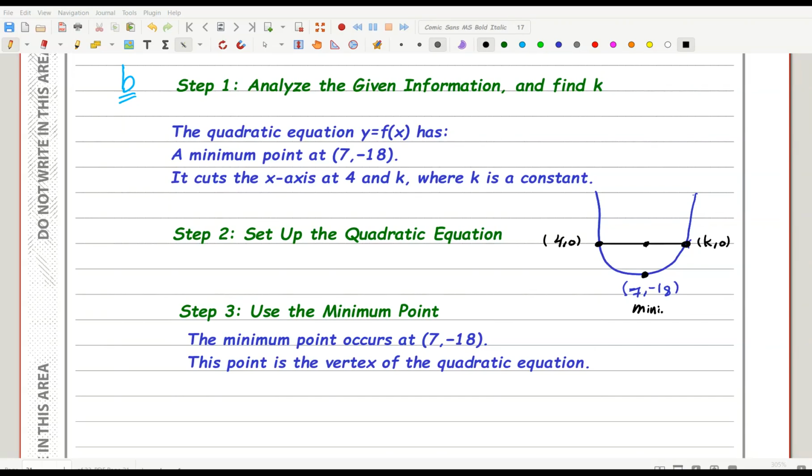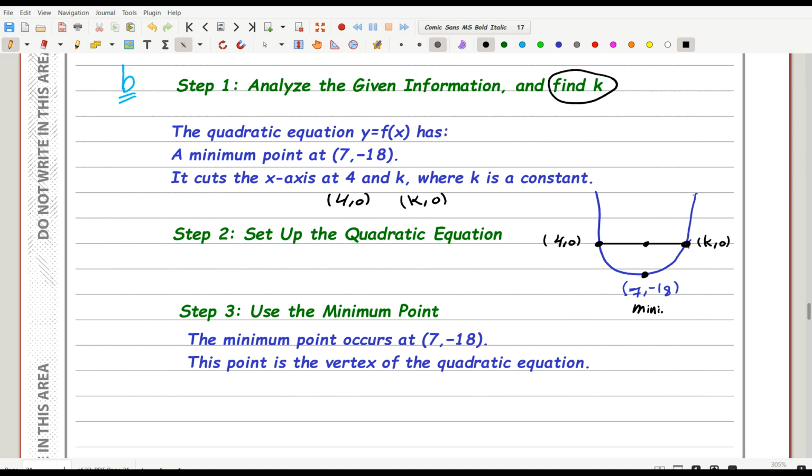Part B, here we have to work out or find the value of k. As you can see from part B in the question, we are analyzing the given information. We have a quadratic equation, and we have a minimum point at (7, -18). The points (4, 0) and (k, 0) are roots of the quadratic equation.